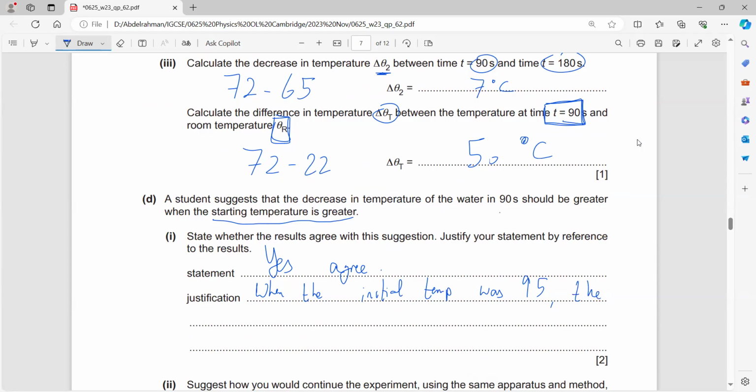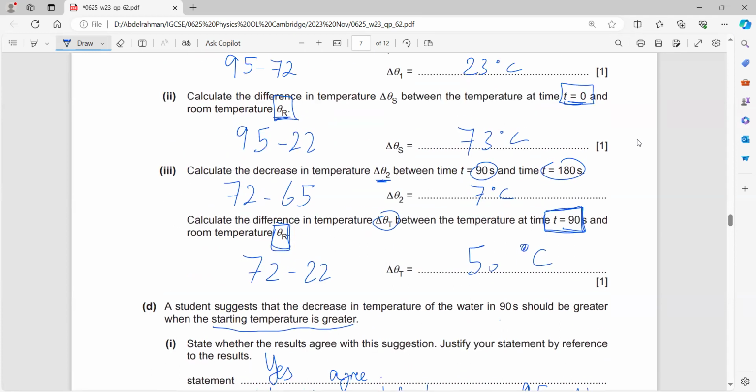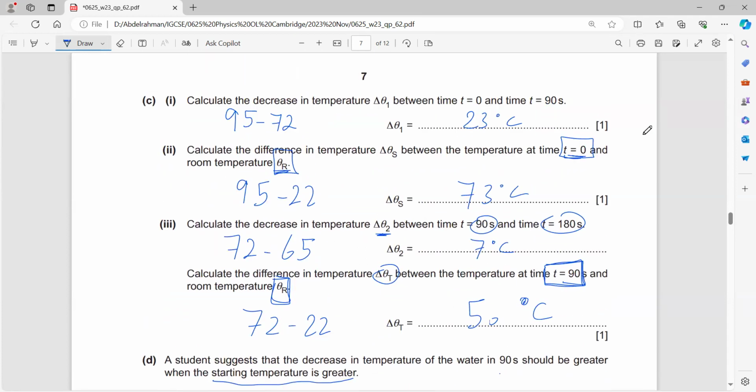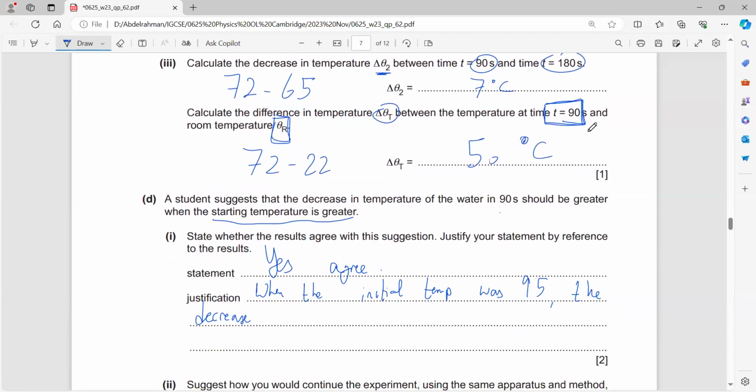The initial decrease was 23 degrees Celsius.